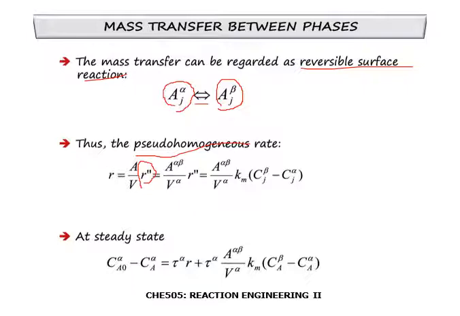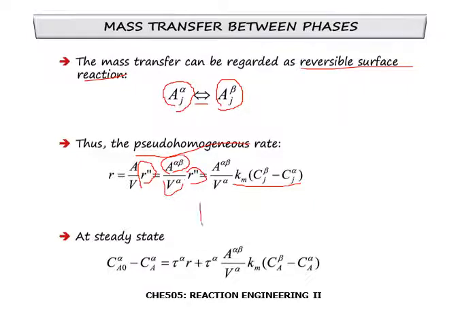Okay, if it is between phases, we have to take the interfacial area, which is alpha beta, divided by the volume of alpha, times the specific reaction rate of mass transfer, in which the mass transfer rate is equal to this one.